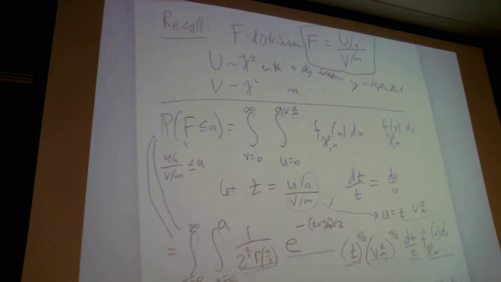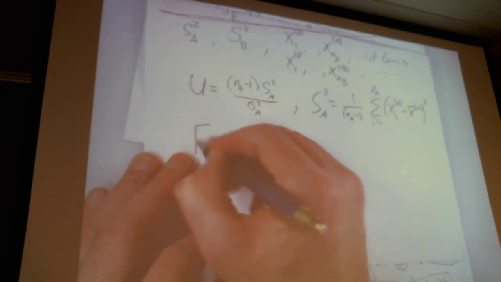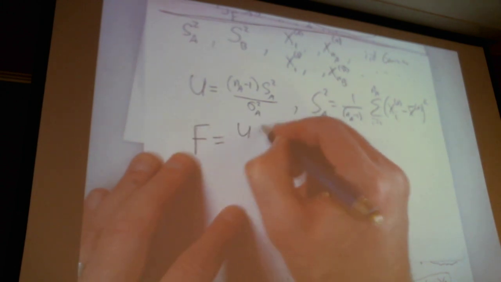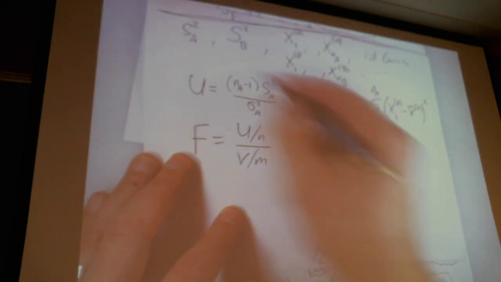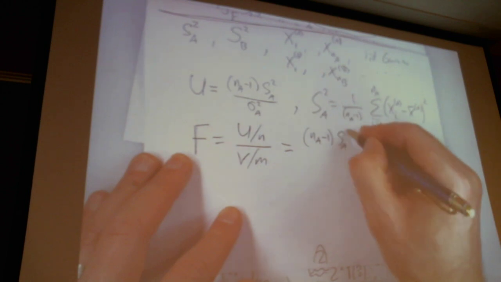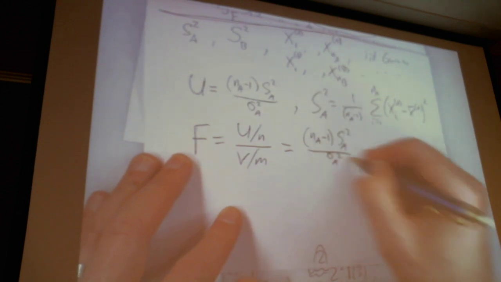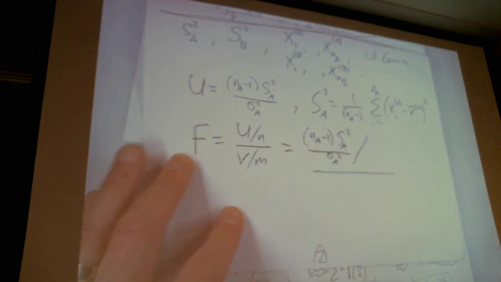Let's do a little origami. Okay. If I want to make an F distribution, I want to take U divided by N over V divided by M, which means I want to take NA minus 1 SA squared over sigma A squared divided by its degrees of freedom.